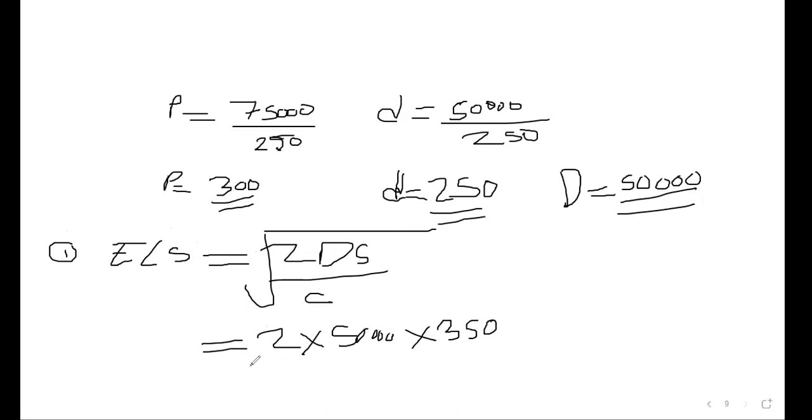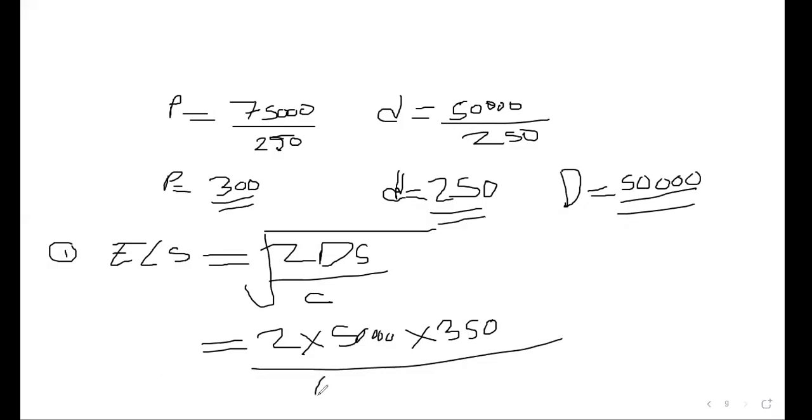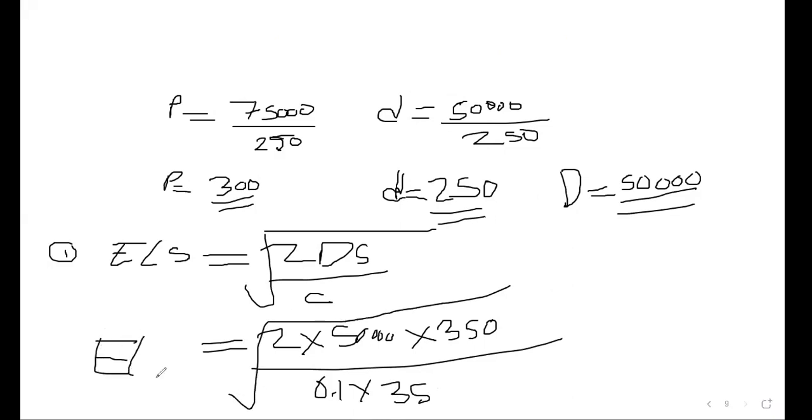Then our carrying cost can be found because here we are saying carrying cost is 10% of unit price. So it's 0.1 times 35 kwacha. So 0.1 multiplied by 35. So we can find our economic lot size.